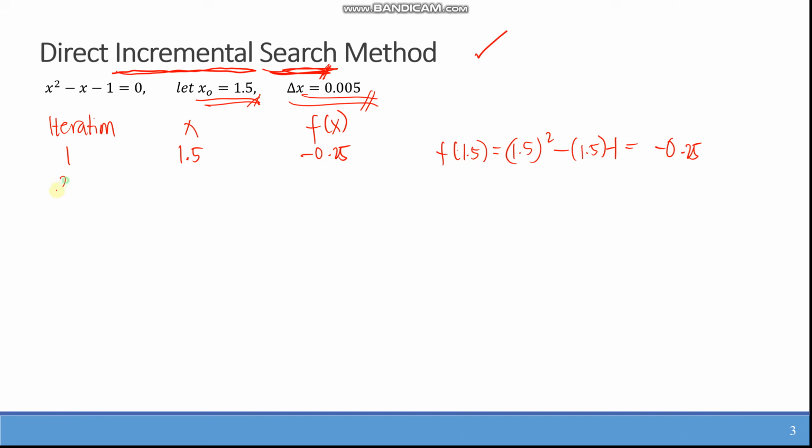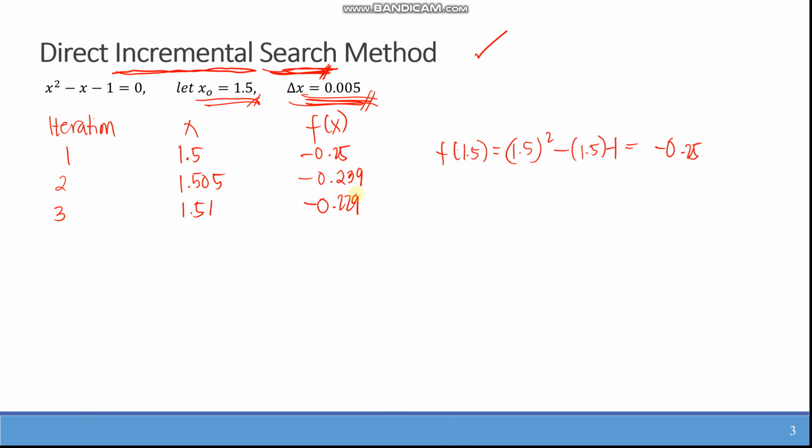Now for the second iteration, we just add the step size. So 1.5 plus 0.005, we'll have 1.505, and then we substitute again the value of this x to the given equation, and we'll have f of x equal to negative 0.239. For the third iteration, we add again the step size 0.005, then we have 1.51, and f of x is equal to negative 0.229.